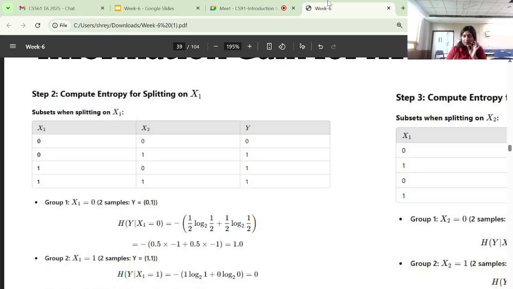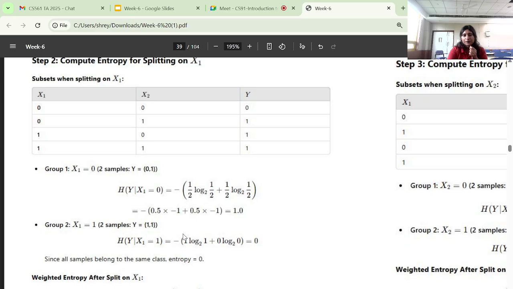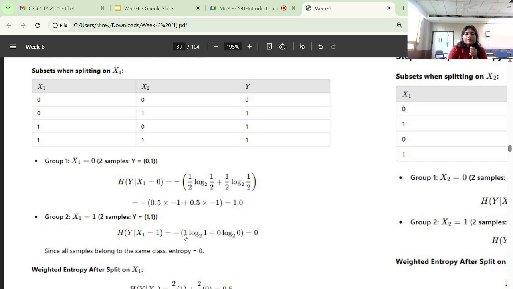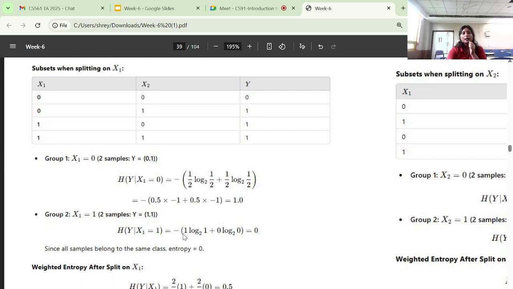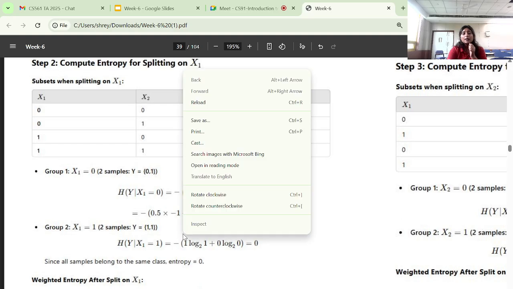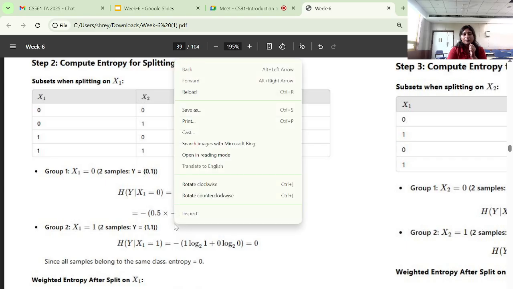See once again, take 2 minutes and calculate. This calculation is given to you; now you have to give me the same calculation for x2. And after that you have to take the weighted average, obviously. We will calculate the weighted part later. First tell me, are these two steps clear?